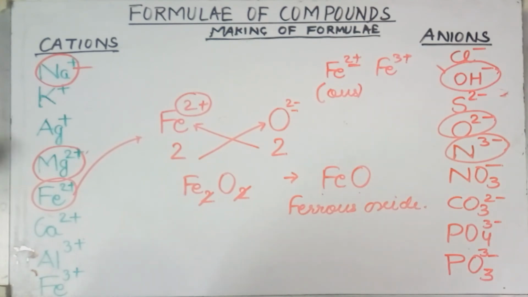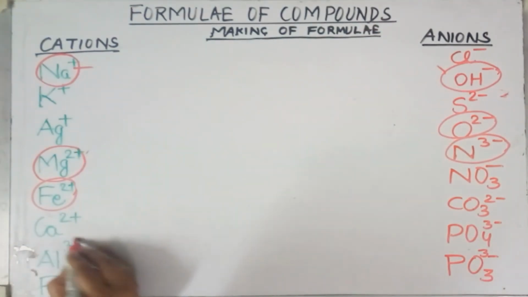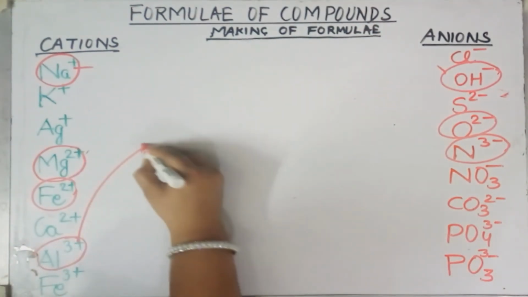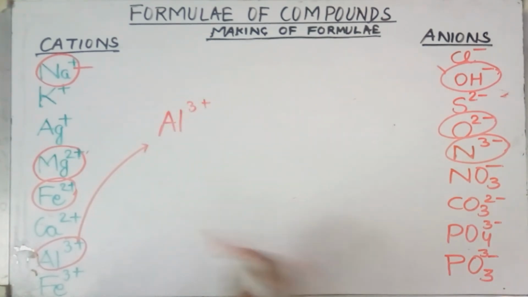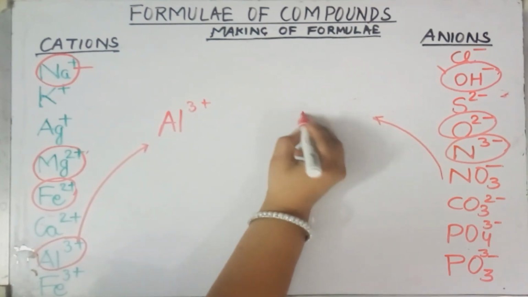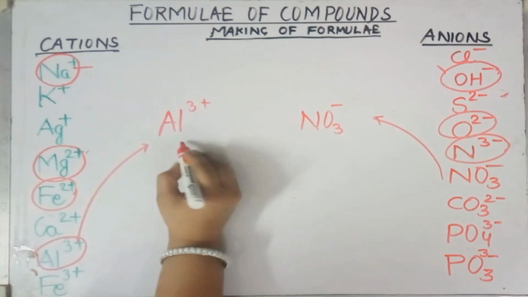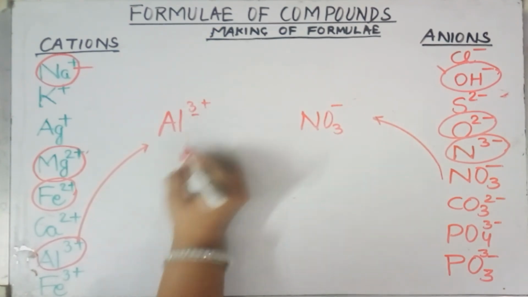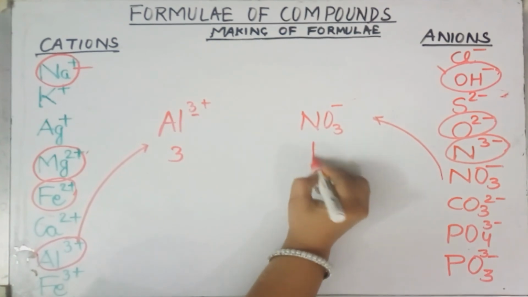Now let us have one more, last but not the least, that is aluminium. Here I am taking aluminium, Al 3 plus, and here I am going to combine it with the nitrate, NO3 1 minus. Let us write down the charges: present on the aluminium, 3, charge present on the nitrate, 1.